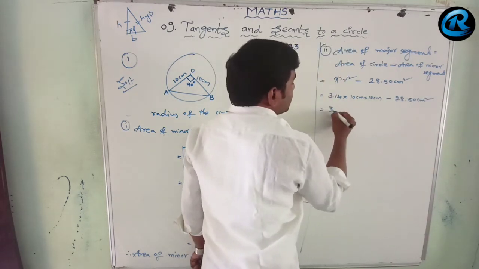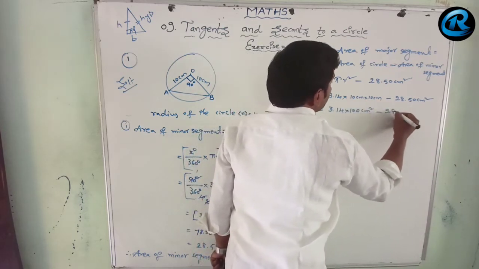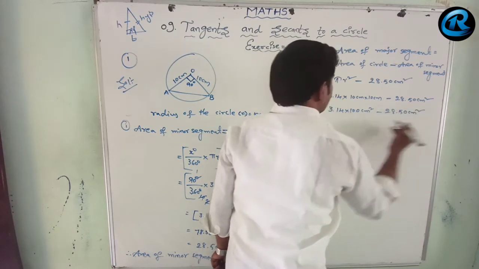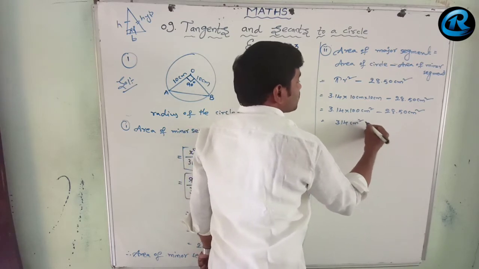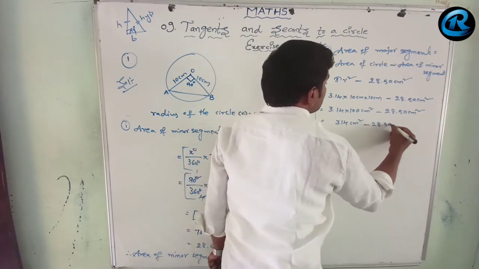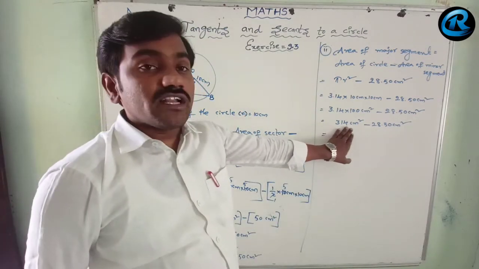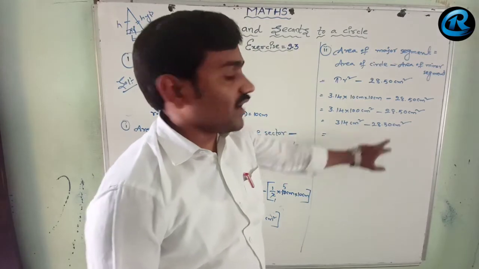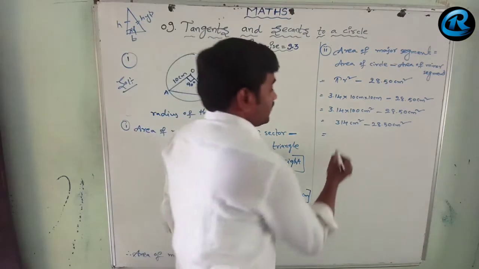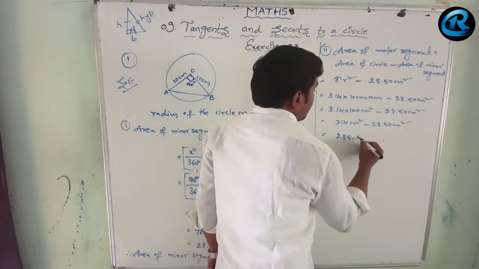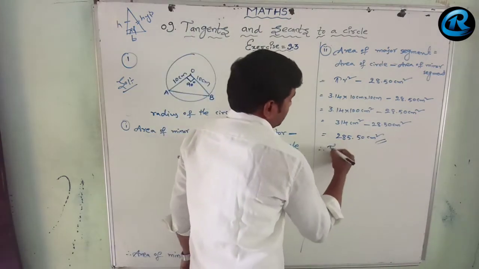Let us multiply this. 3.14 into 10 into 10, 100 centimeter square, minus 28.50 centimeter square. 3.14 into 100, that is we get 314 centimeter square minus 28.50 centimeter square. When you subtract this, we get 285.50 centimeters square, and this is the area of major segment.